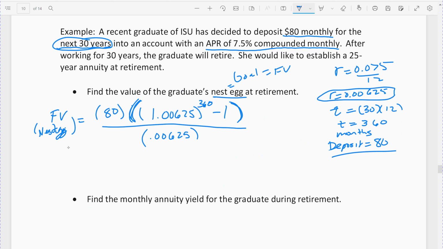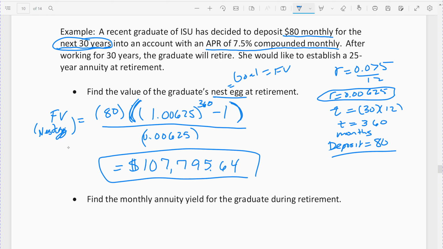So 0.00625 is what we're going to plug into the account. So after the 30 years, when we're plugging into the account 360 times, we're going to put $80 in there. We come out with, and I'm going to round this to the penny.